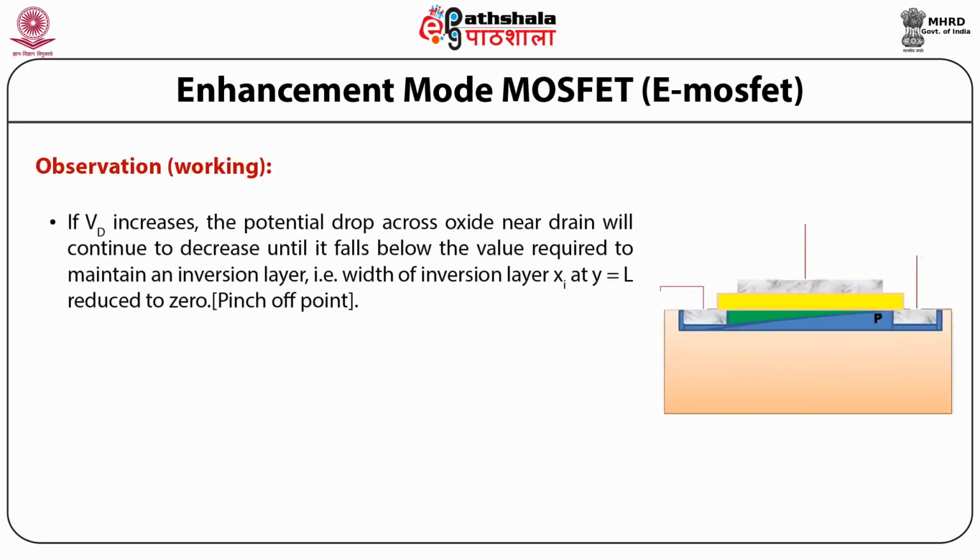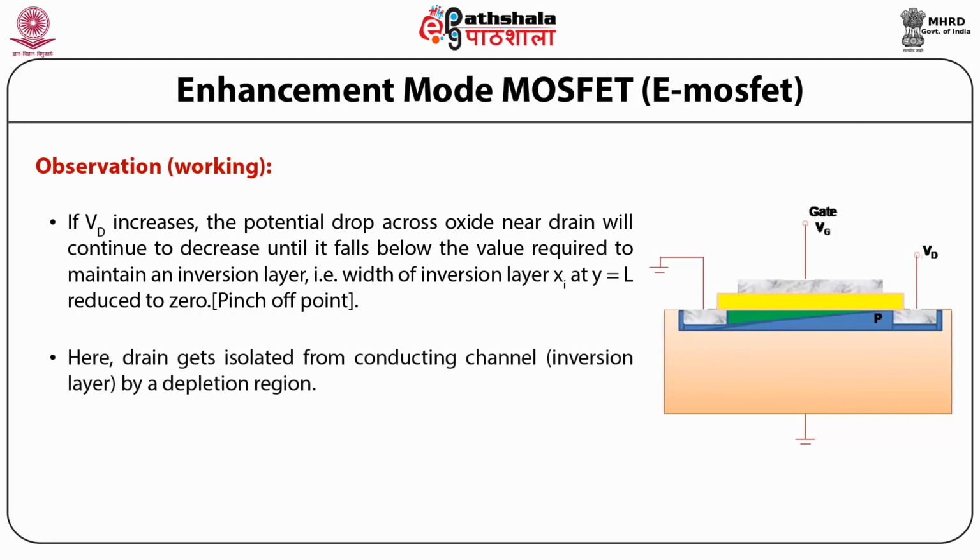If Vd is increased further, the potential drop across the oxide near the drain will continue to decrease until it falls below the value required to maintain an inversion layer, that is, the width of the inversion layer xi at y equal to L reduces to 0, or we can say this is the pinch-off point. Here the drain gets isolated from the conducting channel inversion layer by a depletion region.